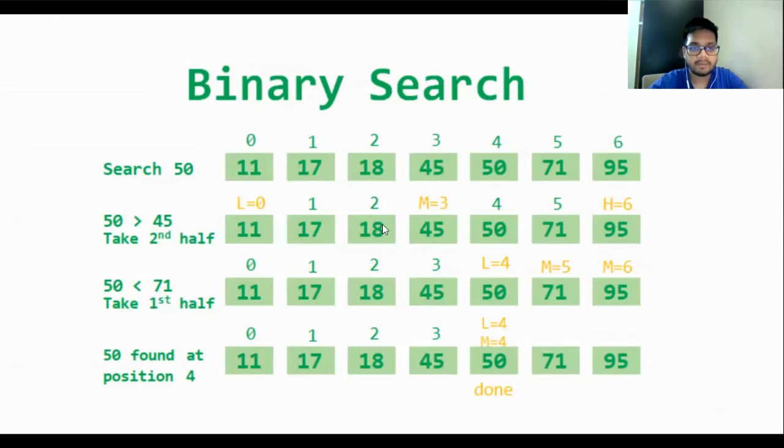If the pivot element is greater than the item in the middle of the interval, we discard the first half of the list and work recursively on the second half by calculating the new beginning and middle element. Repeatedly check until the value is found or the interval is empty.